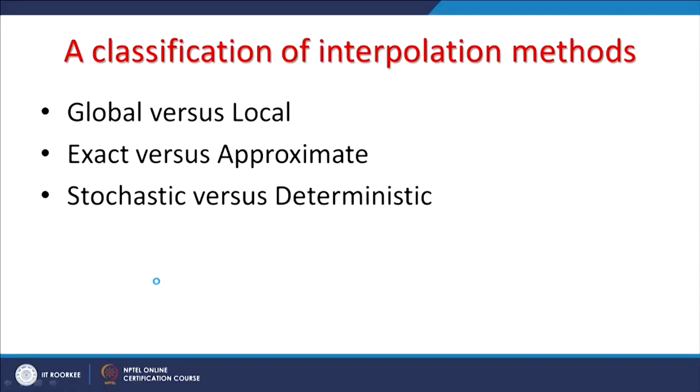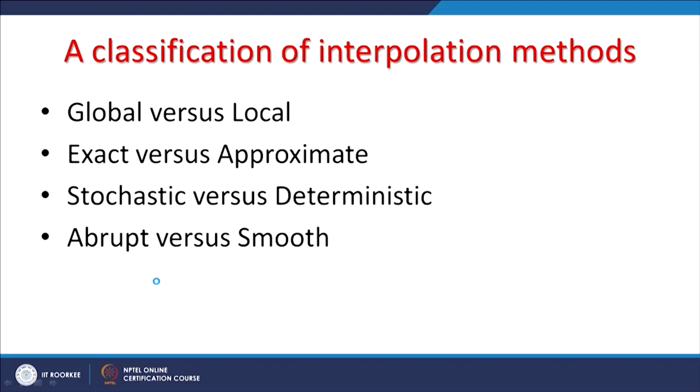That is why exact versus approximate. The third classification is stochastic versus deterministic. One more type can be abrupt versus smooth.